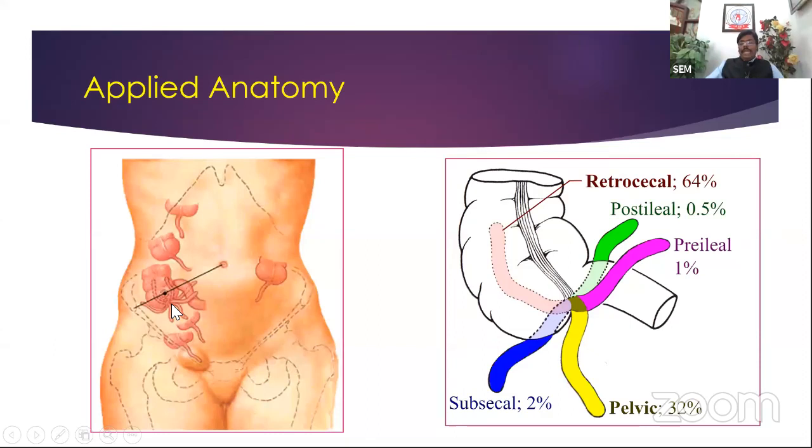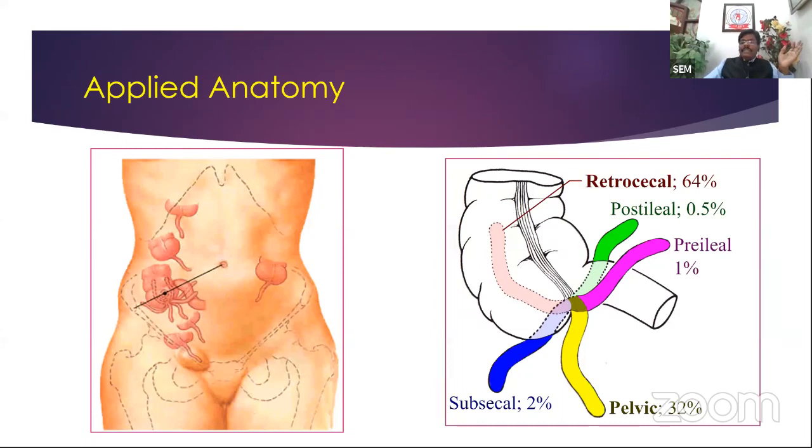Because it is a blind pouch, very often you get inflammation of the appendix because of obstruction to the lumen by what I call a fecalith. It is nothing but a very firm part of fecal matter. If it gets there, the bacterial flora inside, because of stagnation, cause inflammation. So fecalith is one of the initiating factors for appendicitis, not always.